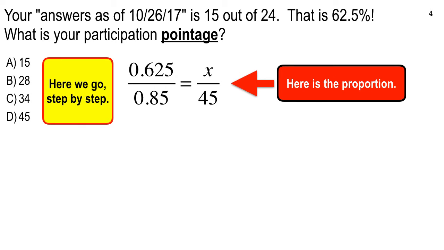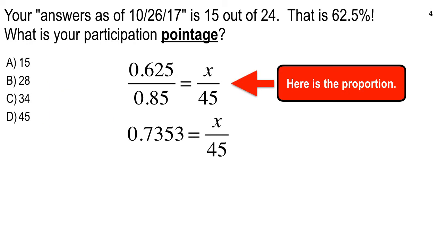And then the rest of the proportion is the same. That's always going to be the same. The right-hand side is always going to be your points divided by 45. What I normally do is calculate the quotient on the left first. So in that case, it's 0.7353, right?